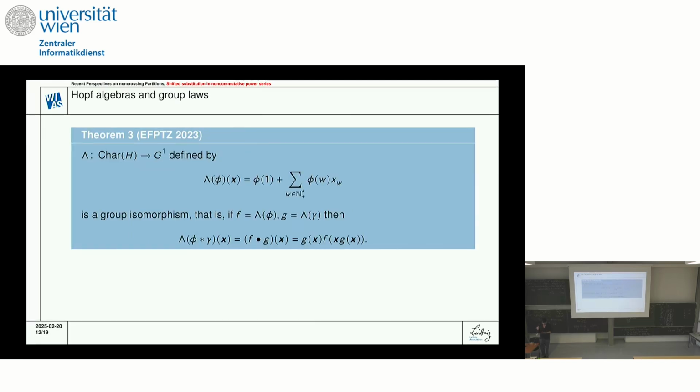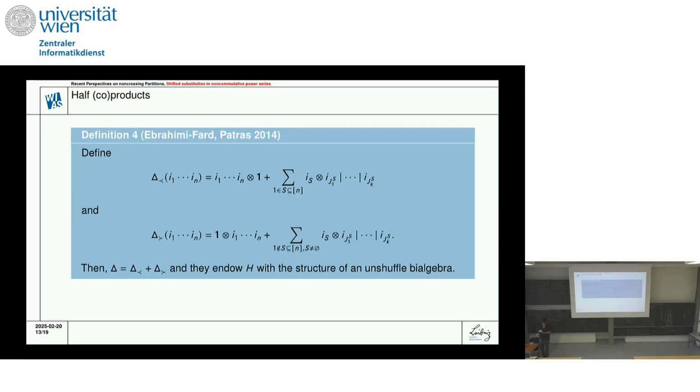And again, the end result of this trick is that if I define the same map, so mapping a linear map on words now, to its generating series in the same way, then I get another group isomorphism between convolution product for this coproduct and the shifted composition of formal power series for non-commuting variables. But in this case, since we have all this extra structure going around, there is a little bit more that we can say.